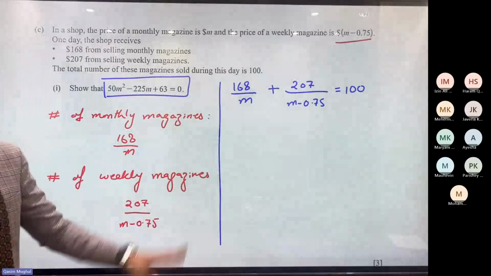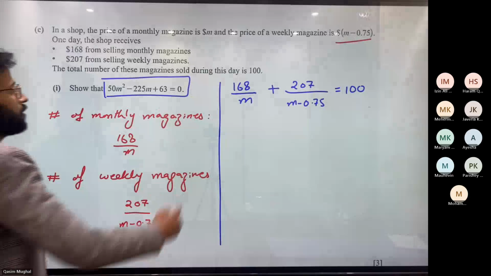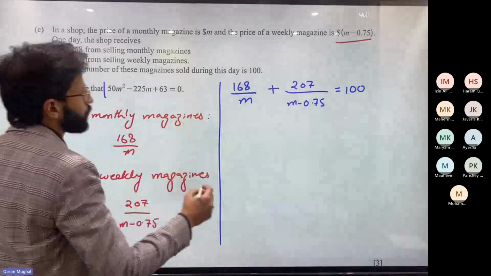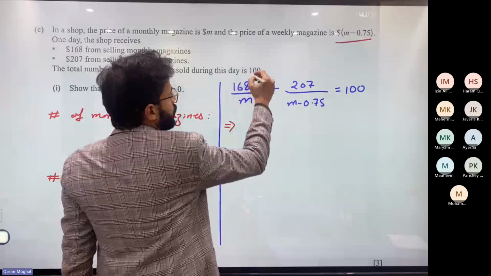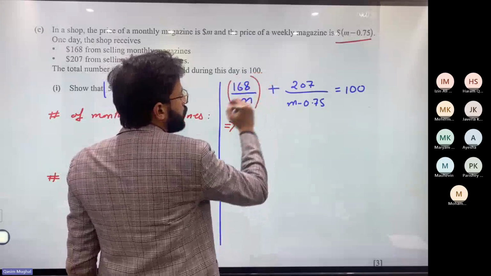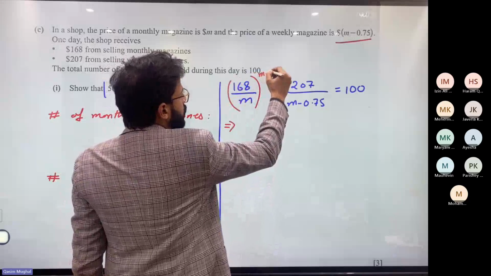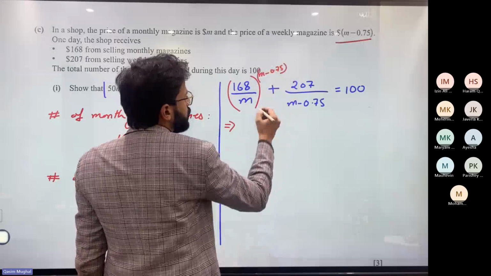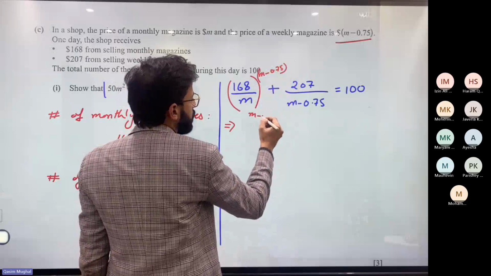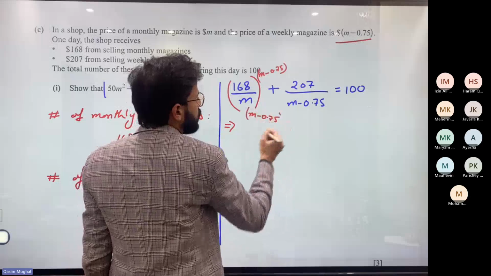ठीक हो गया? तो अभी मैं ये कर देता हूँ. एक क्वेश्चन के लिए मैं कर देता हूँ. इस पूरी fraction को in the numerator I will multiply with m minus 0.75 and same goes for the denominator m minus 0.75.